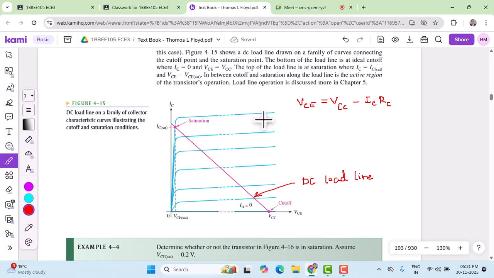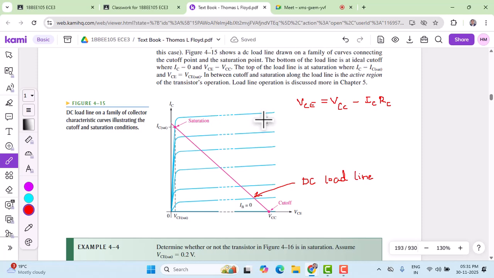Now let's move to the next topic, called maximum transistor ratings. This topic is important because we estimate the transistor region of operation from it. Generally, a bipolar junction transistor comes with different power ratings. The manufacturer generally specifies the PD max.